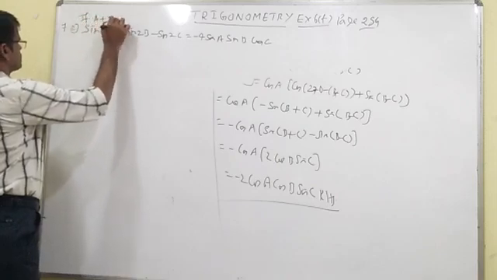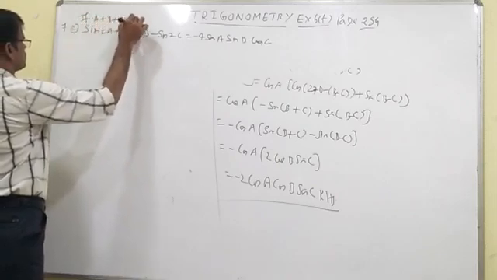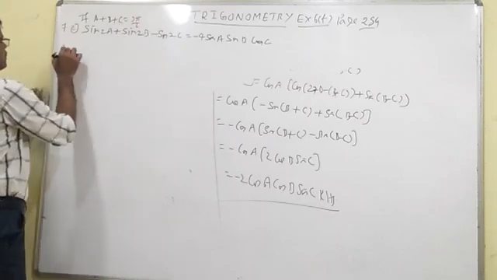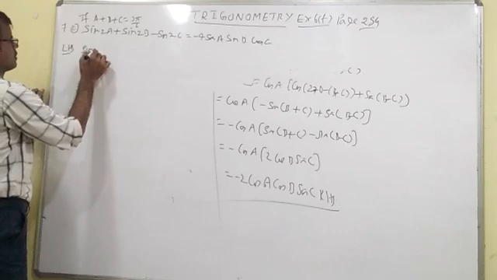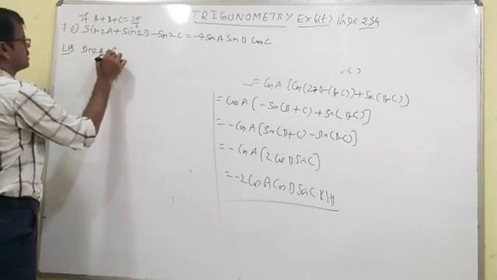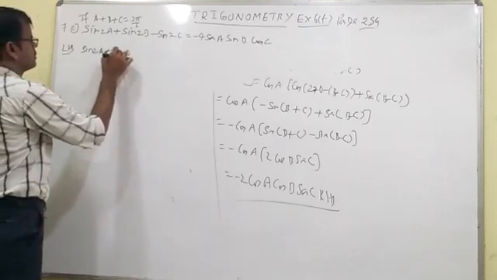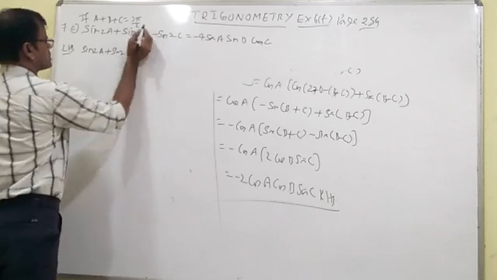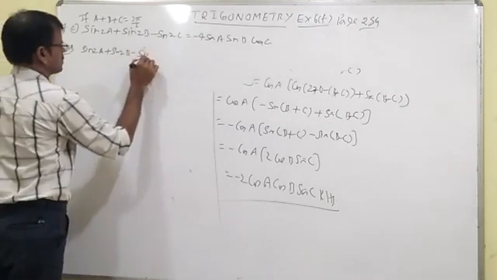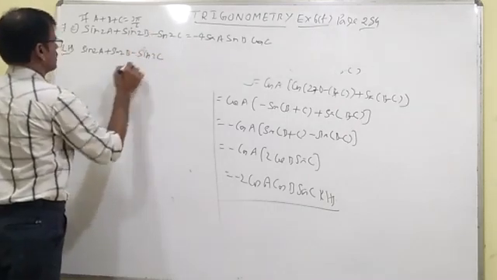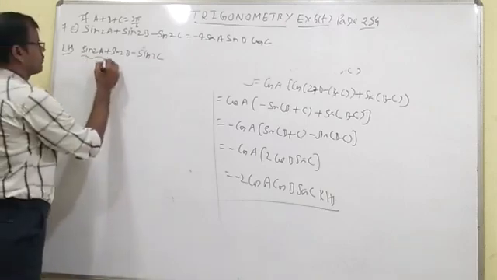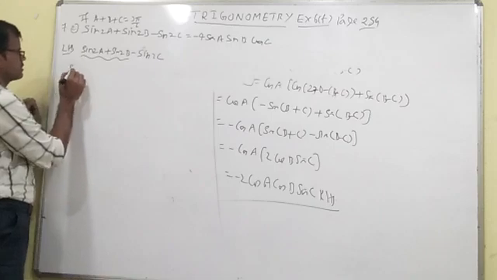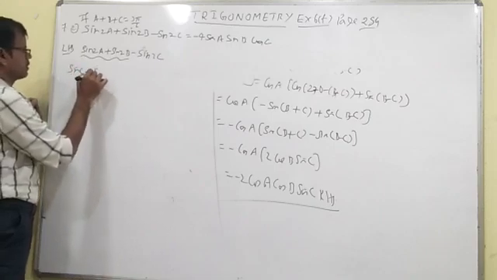If a plus b plus c is equal to 3 pi by 2, take LHS. So LHS is here sin 2a plus sin 2b minus sin 2c. Apply the formula for sin c plus sin d.